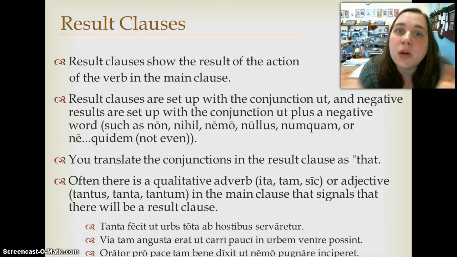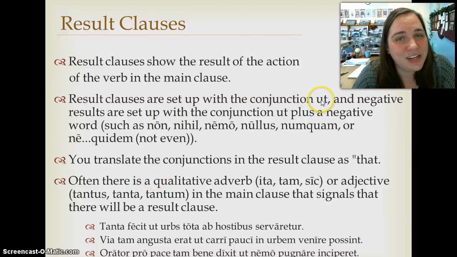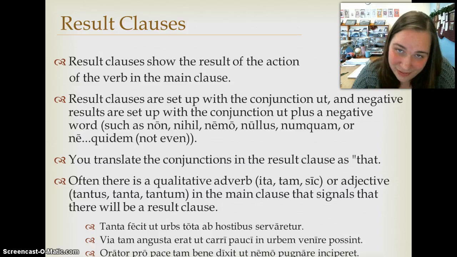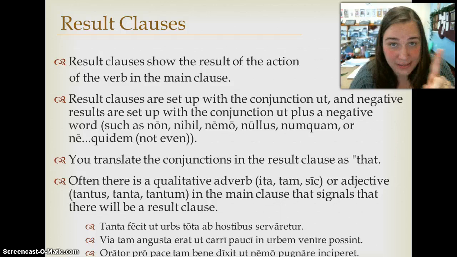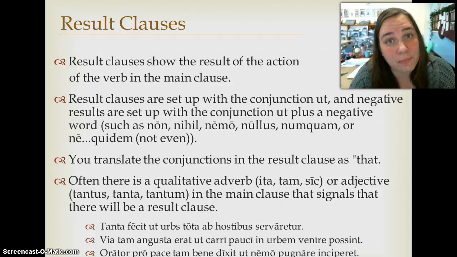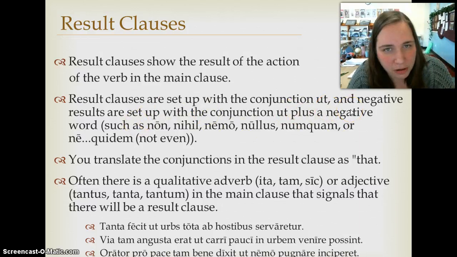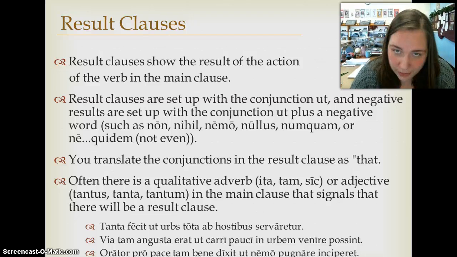Okay, so how do we form a result clause? Result clauses are set up with the conjunction ut, just like the purpose clause. However, the difference is that a negative result clause is not set up by using ne, like a negative purpose is. Instead, you use ut plus a negative word. Now, what's a negative word? A negative word is any word that means something negative, like not, or no, or never, or nothing, or no one, and so on and so forth.